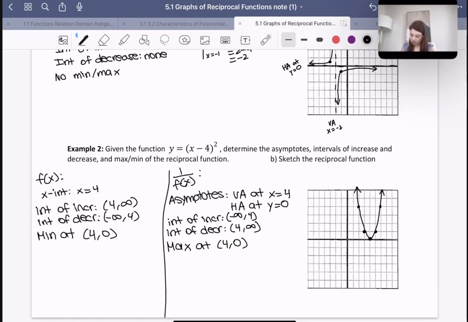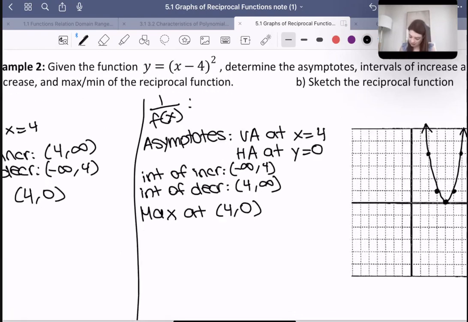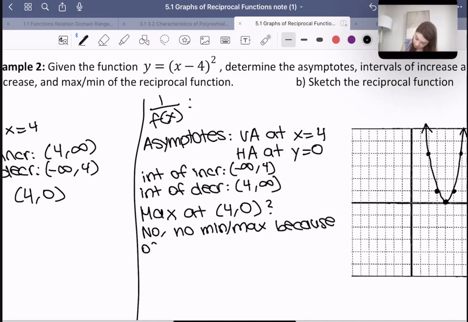So generally we would have a max at 4, 0, but I'm going to say actually no min or max, because that is the point where we have a vertical asymptote. So we'll say because of vertical asymptote. Okay, so an asymptote always overrules anything else that would be there.